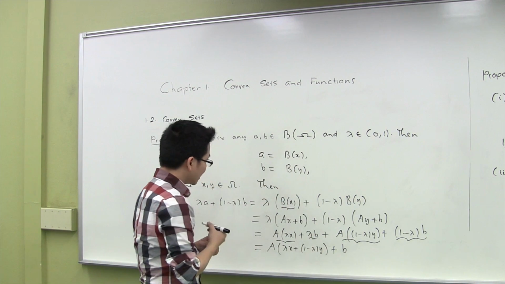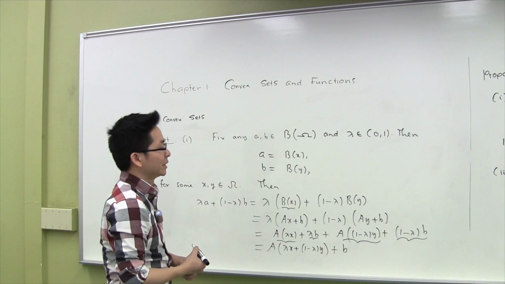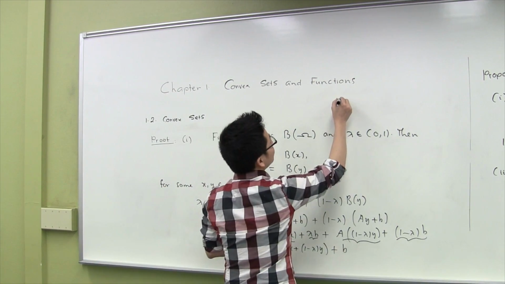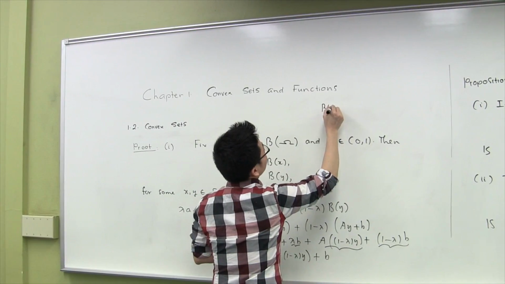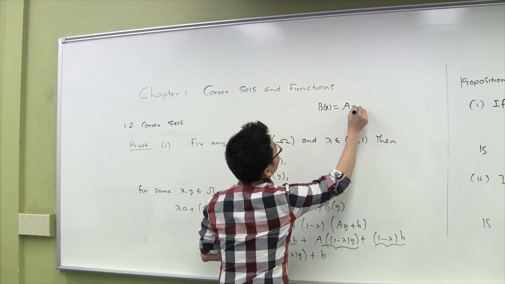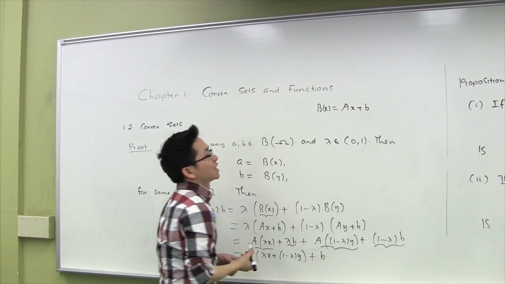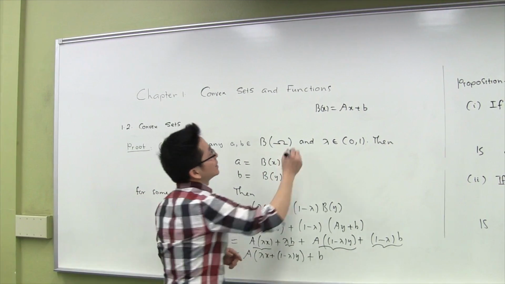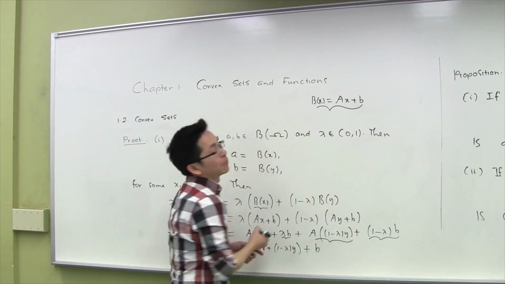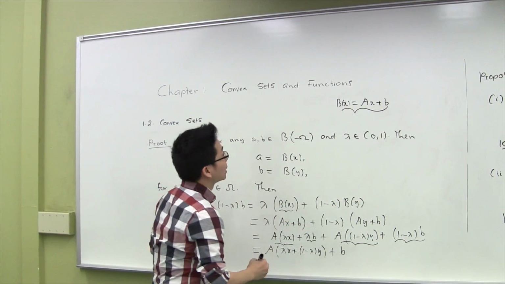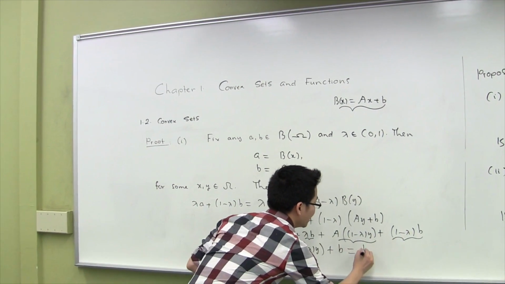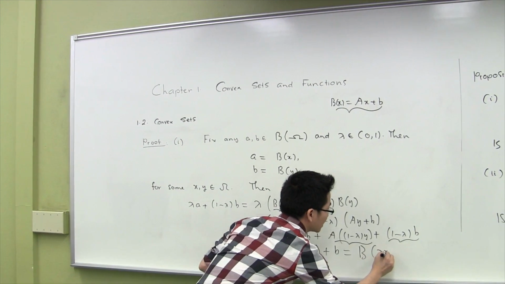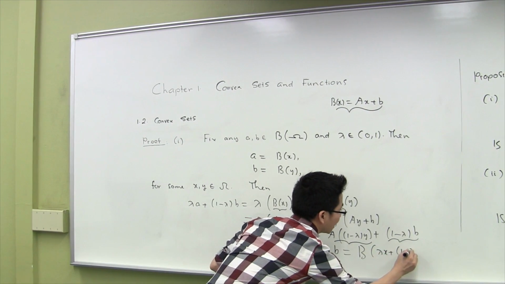Again by the definition of B given by B(x) equals Ax plus b, this is just B of lambda x plus 1 minus lambda y.